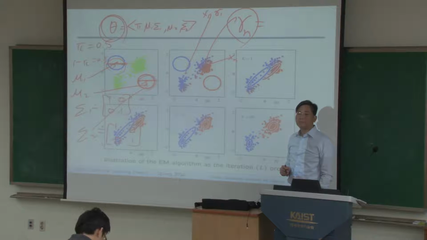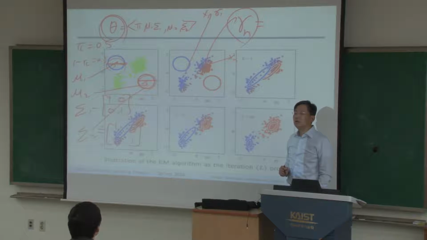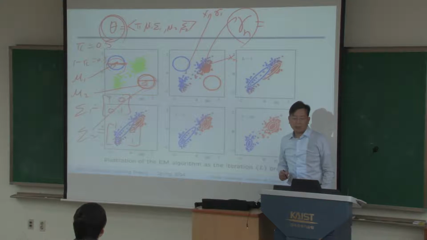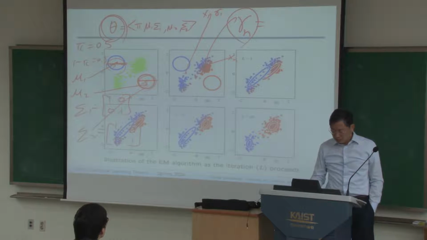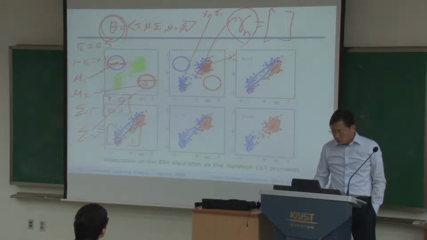세타랑 데이터가 주어졌을 때 파라미터의 확률 아니야. 그래서 그렇지. What is the probability for this one? Let's say, look at that one. Probability of being red given the data x_n and theta.